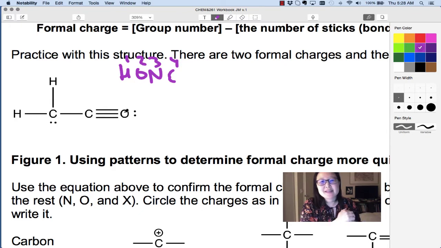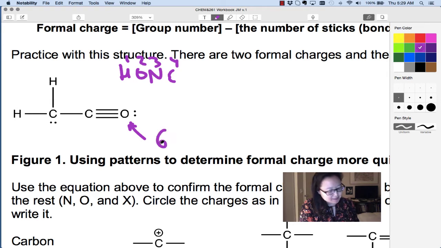So if you look at this oxygen right here, let's look at how many bonds it makes. 1, 2, 3. But we know oxygen prefers to make 2 bonds in order to be neutral or 0 formal charge. So therefore, I know this oxygen doesn't have 2 bonds, so it's going to have a charge. All right. So to calculate what that charge is, I'm going to use that equation.